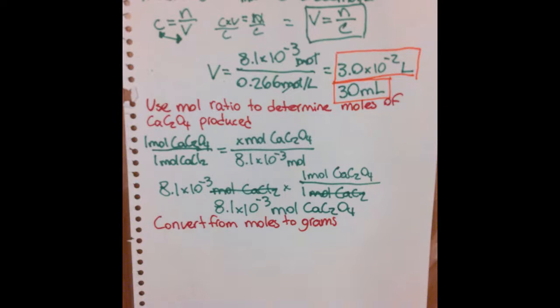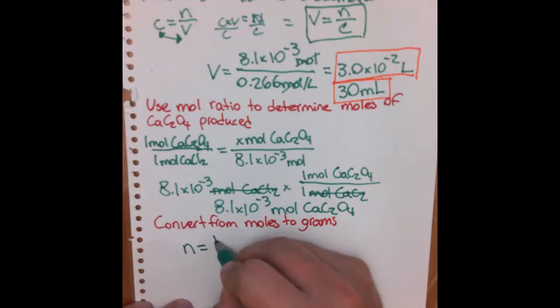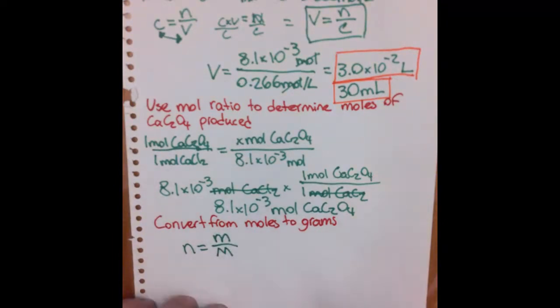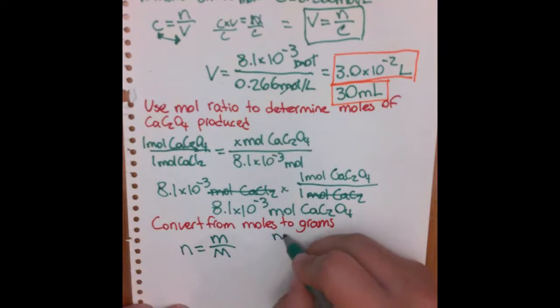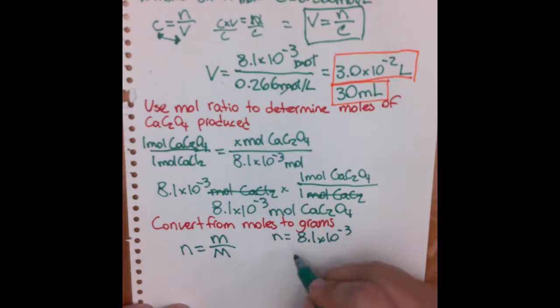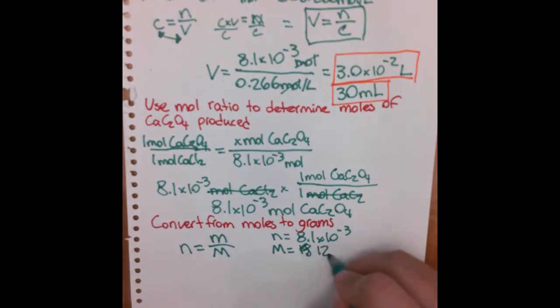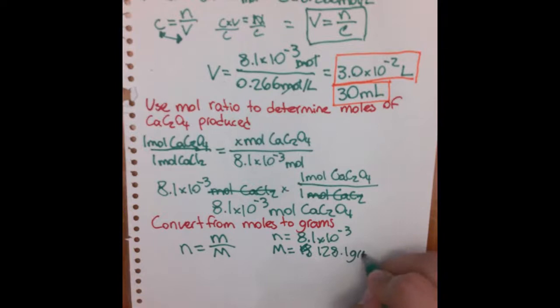And then finally, our last step is calculating the mass of our calcium oxalate, or our CaC2O4. Remember, moles equals mass over molar mass. Our number of moles is going to equal 8.1 times 10 to the negative 3, and our molar mass, if you look on the periodic table, is 128.1 grams per mole.